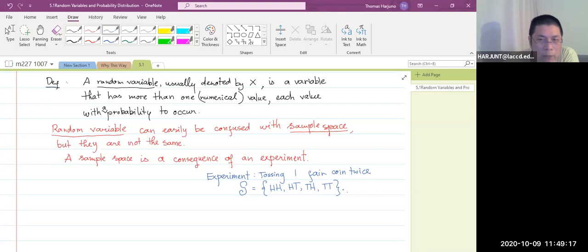And we learned, I think around last month or 3 weeks ago, that because it's a fair coin that you toss twice, the probability for each one of them is 1/4.